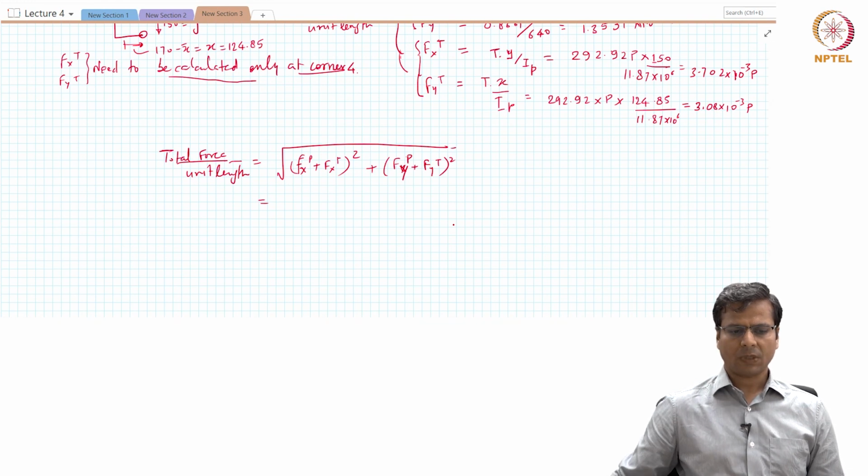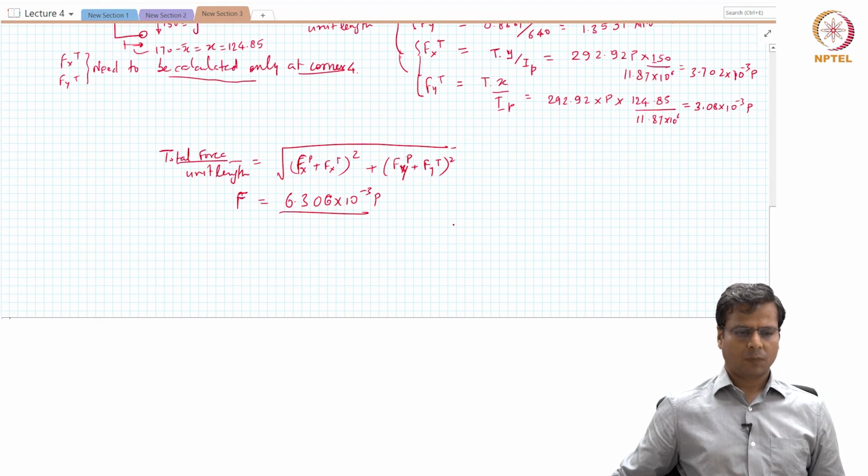Okay. So when we substitute the values, what we get is 6.306 multiplied by 10 to the power minus 3 P. We have basically substituted these Fx and Fy values here. This is what we get. This is total F internal.